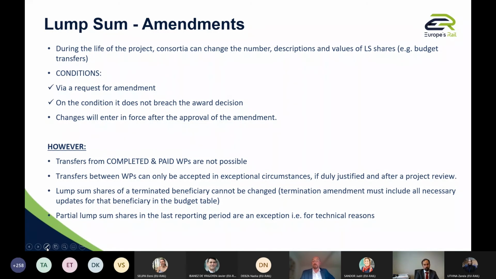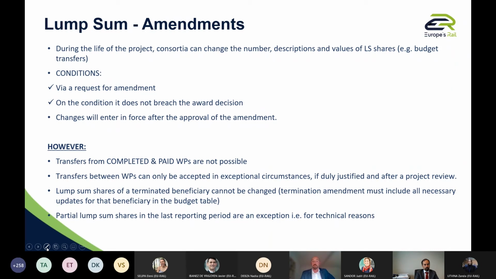However, during the implementation phase, if you consider that there is a need to make some adjustments in agreement with the consortium, you could propose a revision of the lump sum share via a request for amendment, on condition that it doesn't breach the award decision, of course. The change will enter into force after the approval of the amendment, so for the next reporting period. Of course, you cannot change a completed or paid work package. It's over, it's already paid.